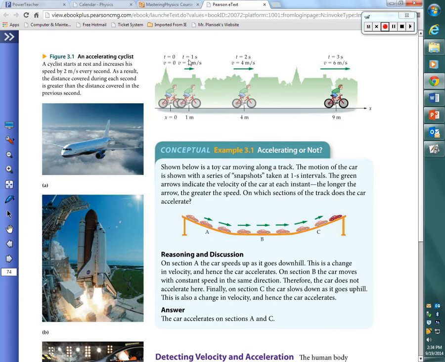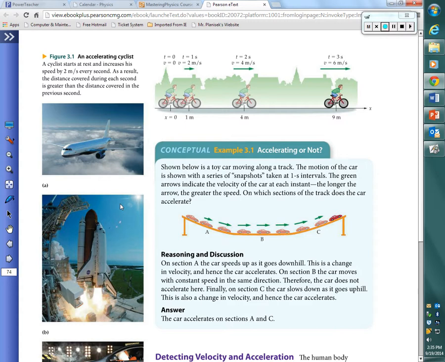But then at t equals 1, we have a velocity of 2. So we could assume that the acceleration was 2 meters per second squared, right? But then down here, when it shows us the position, he only went 1 meter during that time. And some people looked at that, I remember, and were a little confused by it. But when we think about it now, we'll try to explain this a little bit more.